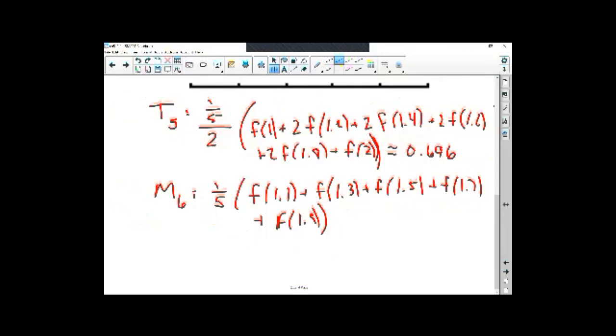So again, you could use your lists in your calculator to calculate this. I'll just do it on the main screen to find my approximation.